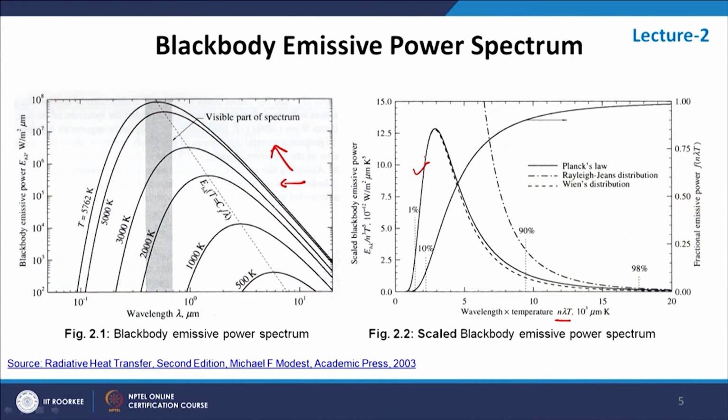There has been significant work by Wien and Rayleigh-Jeans, but the accuracy is very limited. Although Wien's law is in pretty good agreement, the Rayleigh-Jeans spectrum is significantly in error as compared to the actual Max Planck spectrum.